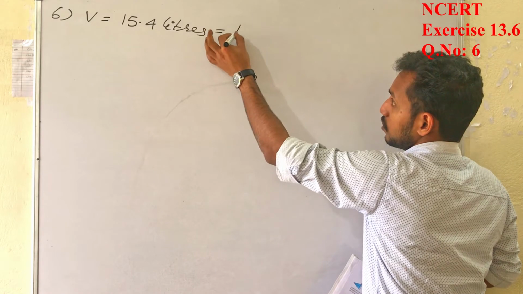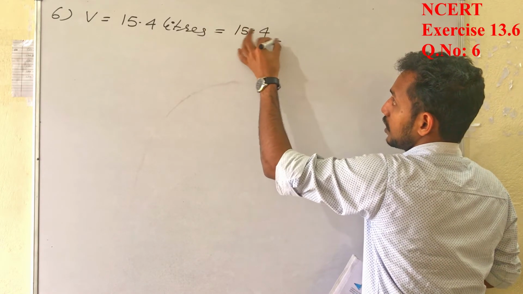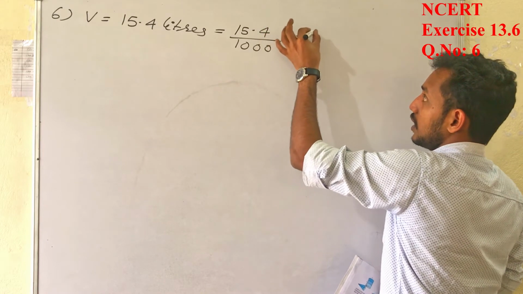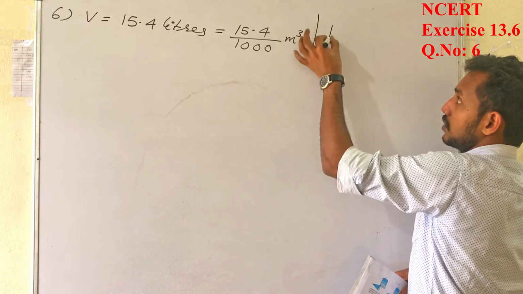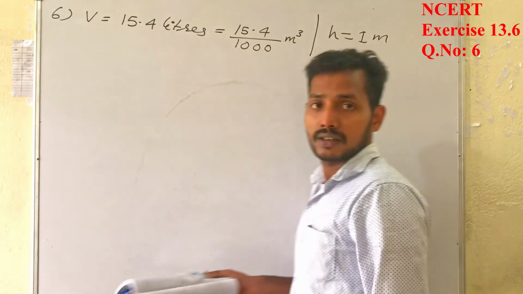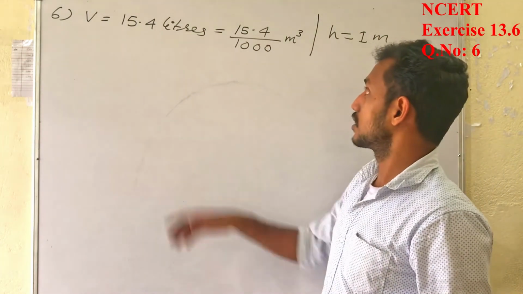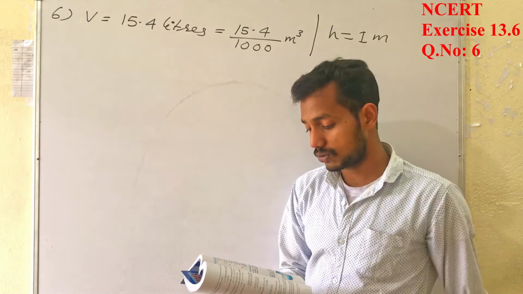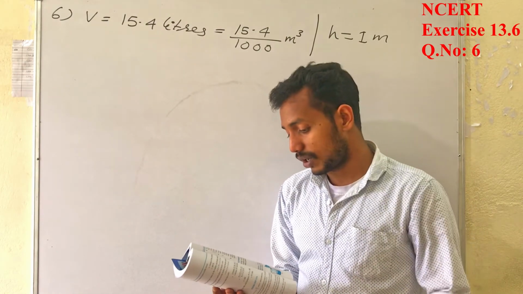That is equal to 15.4 divided by 1000 meter cube, because the height is given in meter. Clear? So we converted from liters to meter cube by dividing by 1000, because 1 meter cube is equal to 1000 liter.